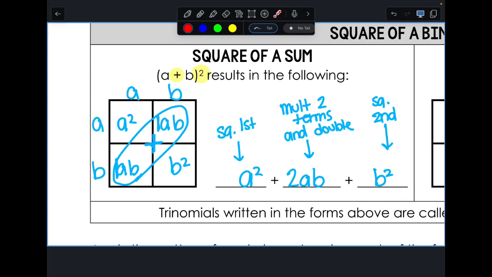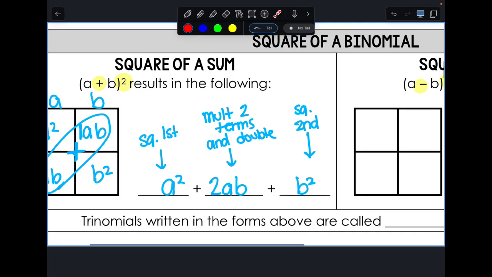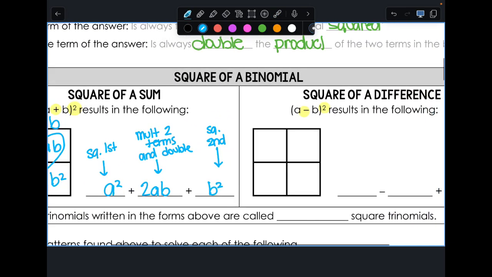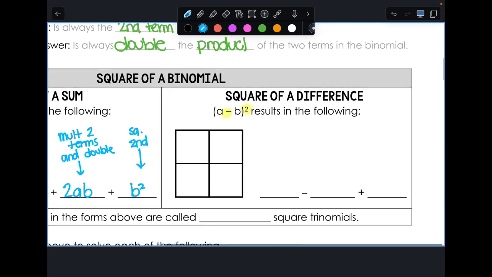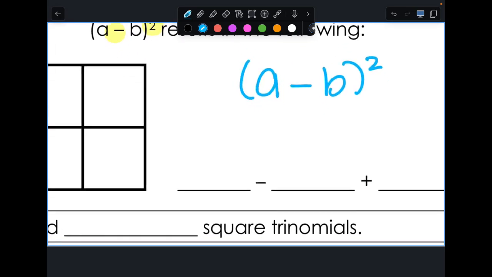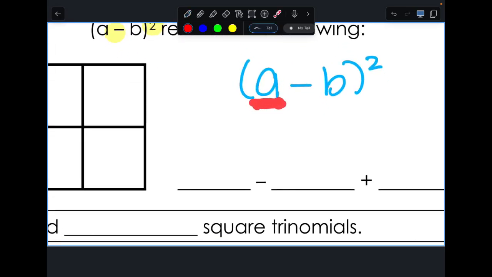You can apply that same rule whenever you have a minus sign, but you do have a minus sign, so you need to keep that in mind. Here we go. Square the first. If you square the first term, what do you get?